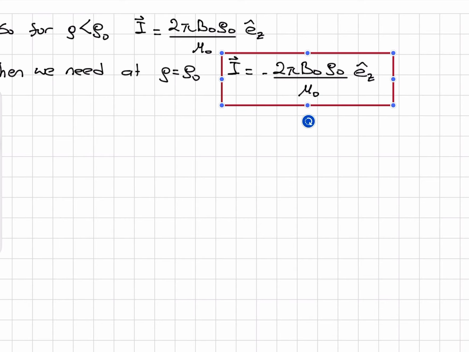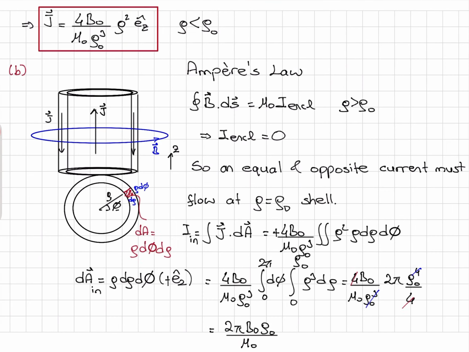The total current must be in the minus EZ hat direction, so that when I look at the total current enclosed by this loop, this total current is being balanced by the total current that flows in the shell in the opposite direction, so that I will have zero magnetic field outside. From this equation, current enclosed will be zero.